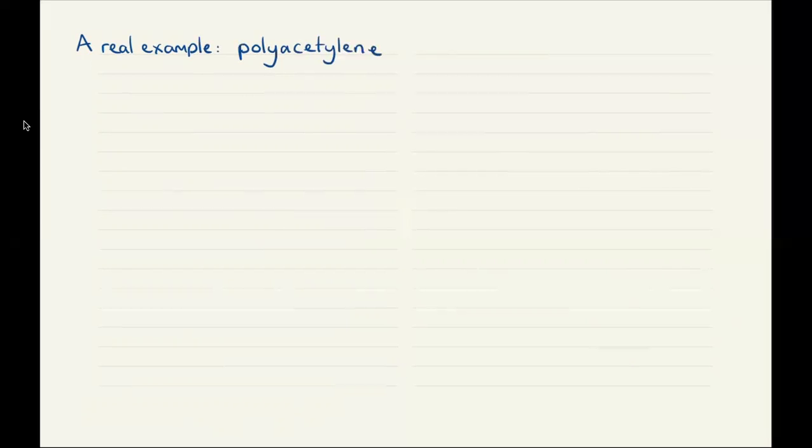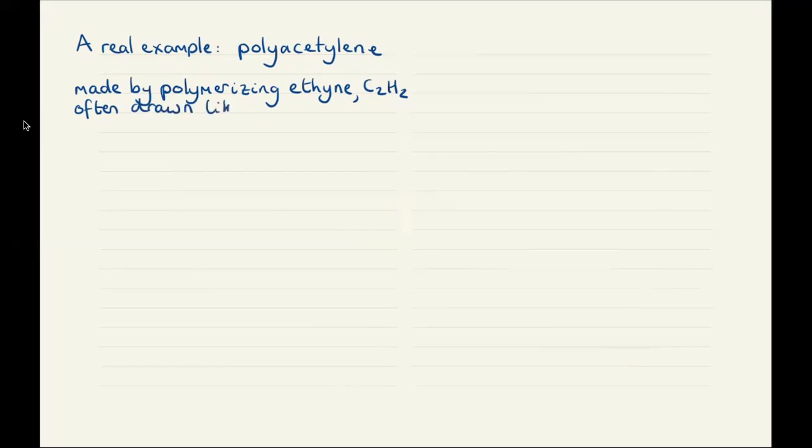This is a polymer that's made by polymerizing ethine, which is also called acetylene, which is C2H2, and it's often drawn like this.